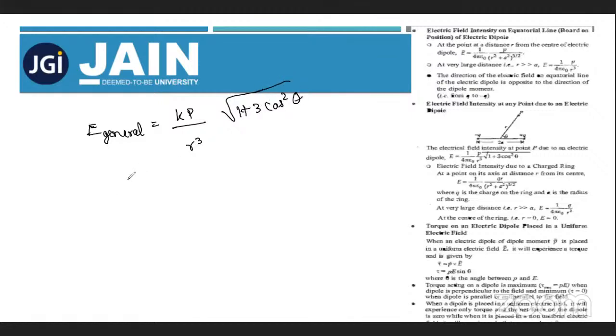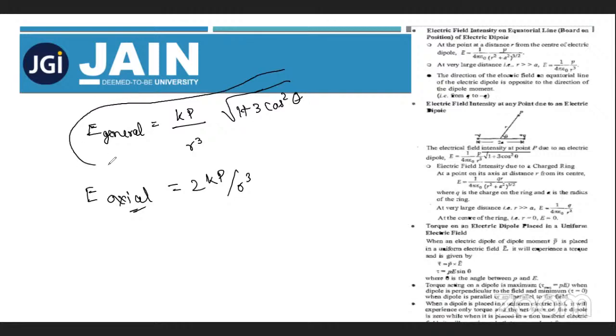If I'm talking about E axial, then theta will become 0 degree. Cos square 0 is 1, so 3 plus 1 is 4, and root 4 is 2, so it gives you 2kp by r cube. Like this only, substitute 90 degrees for E equatorial, and you'll get that.